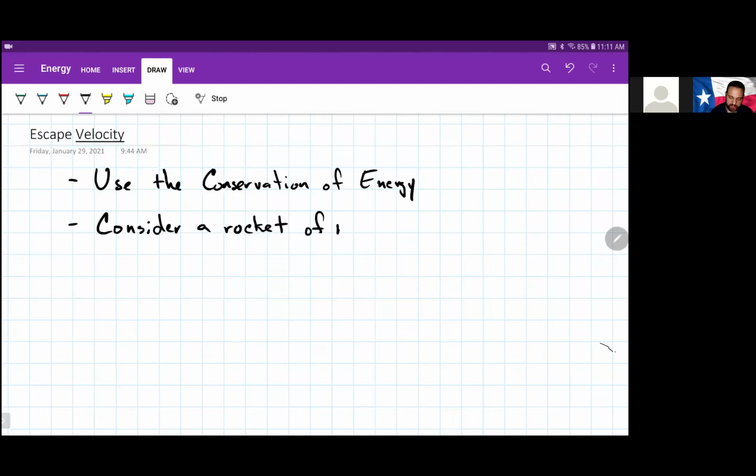with some mass m and initial velocity v naught, right, on the surface of the planet.